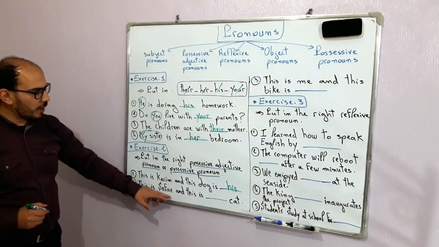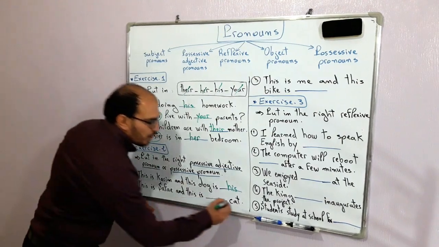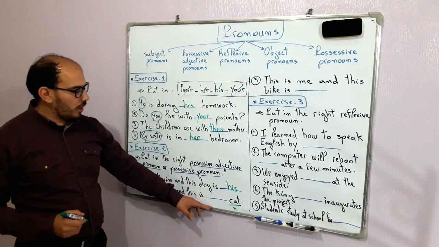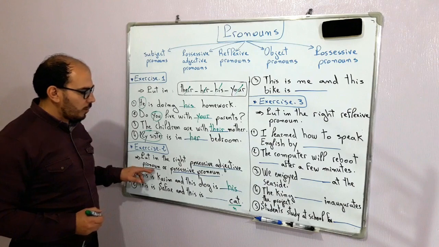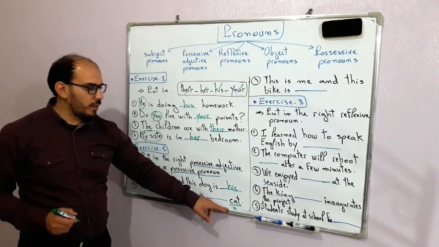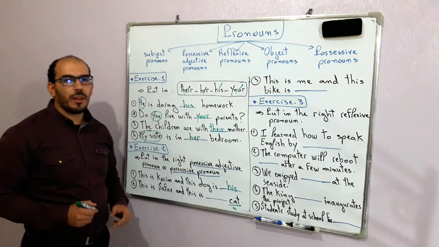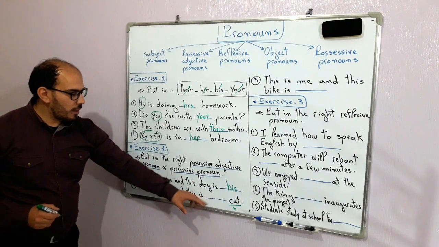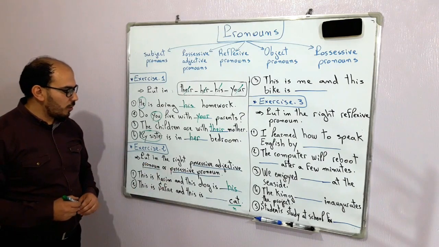Next, this is Safa and this is cat. In this case, we have a noun, and we know that possessive adjectives are all the time followed by a noun because they play the role of an adjective. So that's why we have to use them. But which possessive adjective do I have to use?